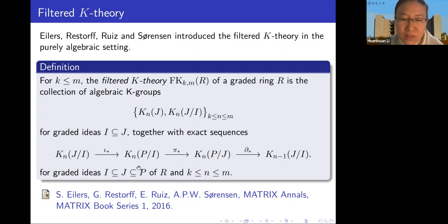So this exact sequence is given by the long exact sequence between J over I. So we have a long exact sequence using these three ideals here.